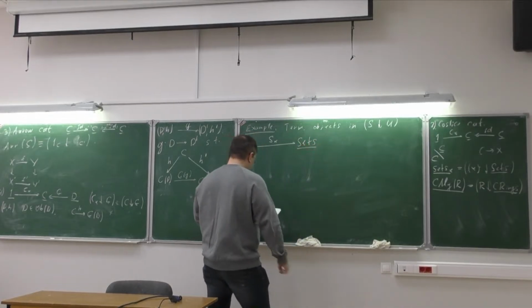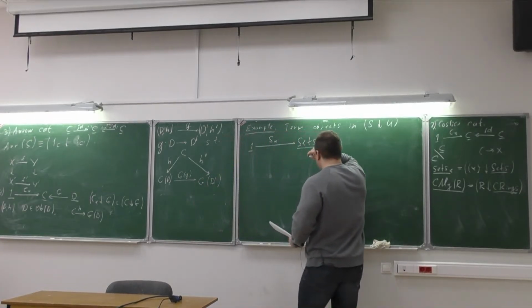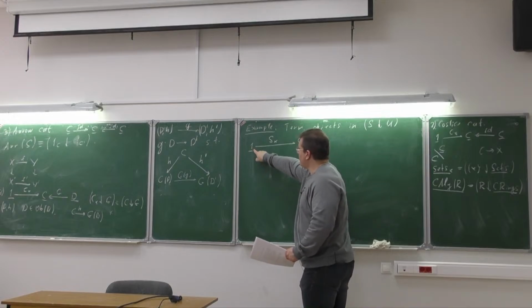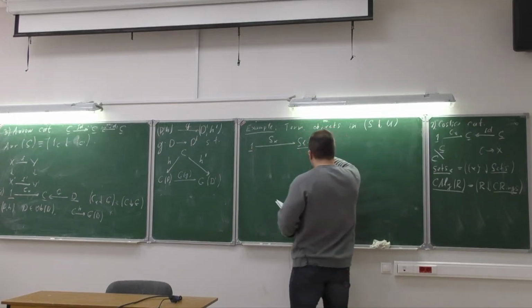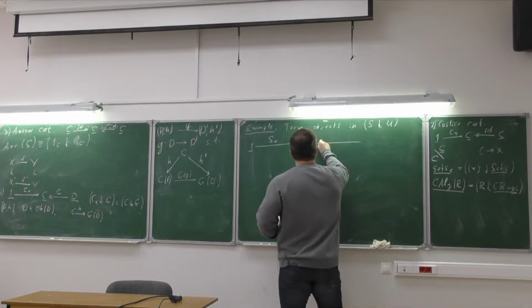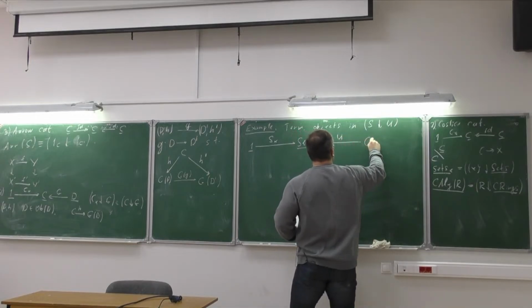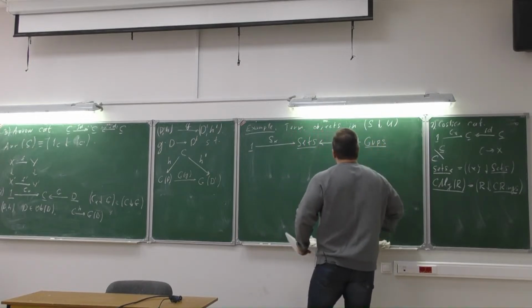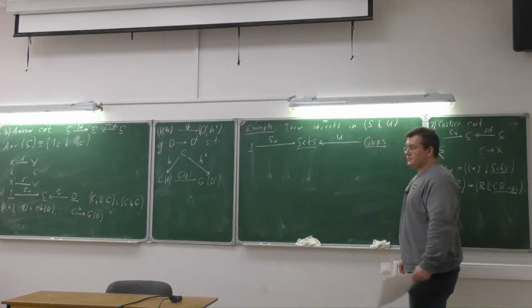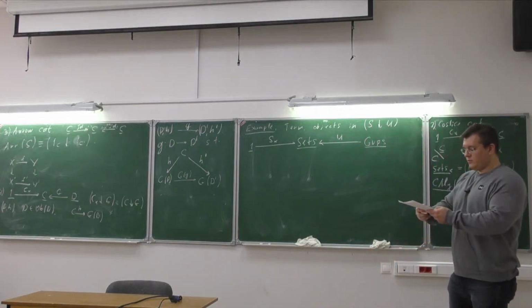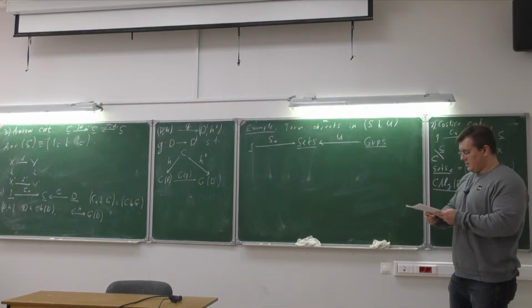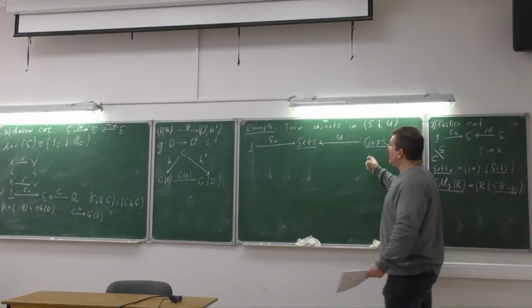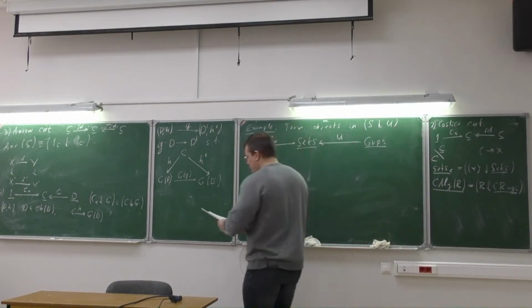So I have the corresponding functor S lower star, which takes this unique object to the given set S in the category of sets. And the functor U is the forgetful functor from the category of groups. So this is the diagram, and I'm asking you to find the terminal objects in this situation. Let's introduce notation.